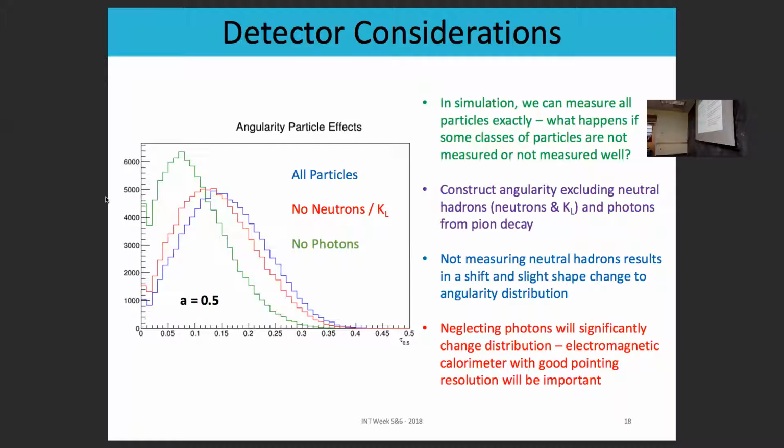So for example, if we don't find the neutrons or the K longs, either because we don't have a hadronic calorimeter in certain regions, or the pointing resolution is bad enough, we move from this blue curve to this red one. And then if we also exclude the photons, so basically if our EM cal doesn't have decent pointing resolution, then we get this green one.